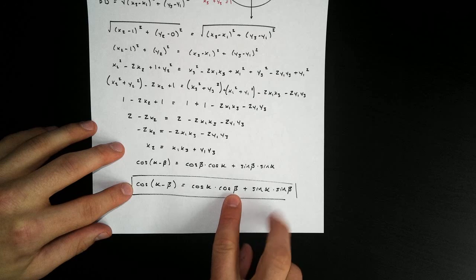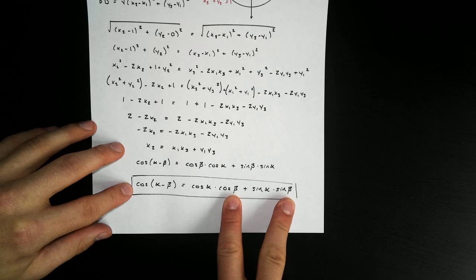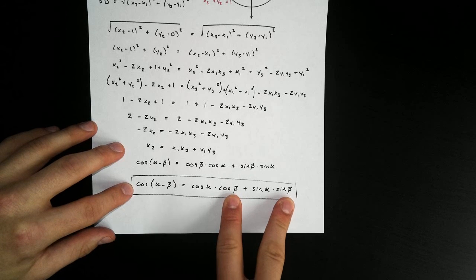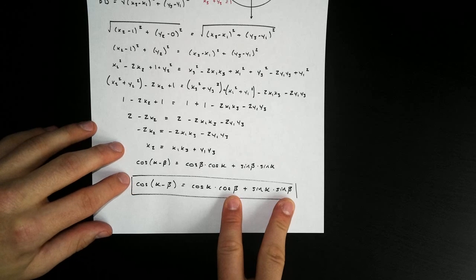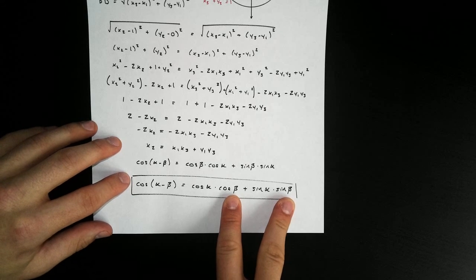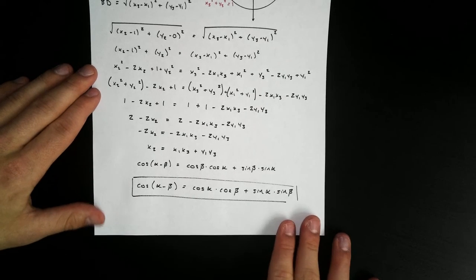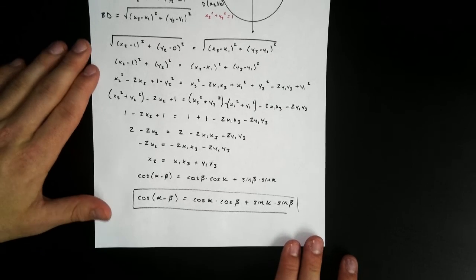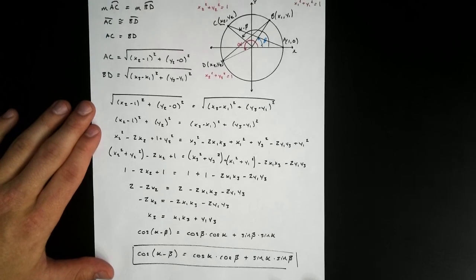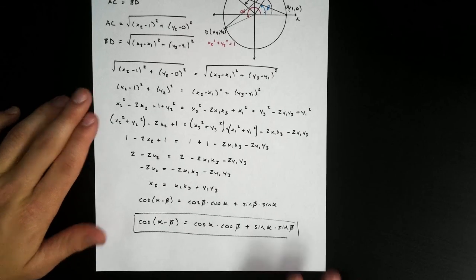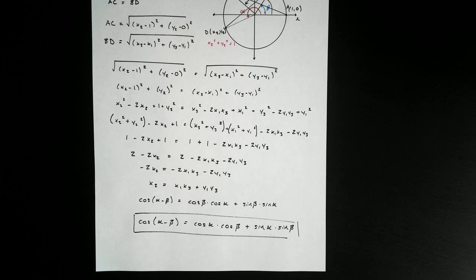And then in here, I would substitute in the opposite of beta, and I can use my identities for even and odd functions for sine and cosine. I can do a little simplifying, I can end up with another one that way. So there we go. So hopefully that all made sense. And that is just one of our sum or difference identities.